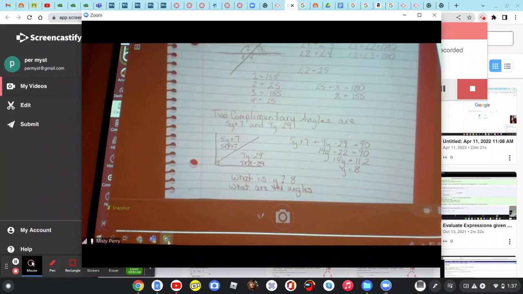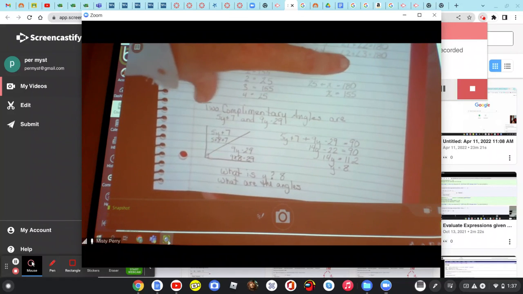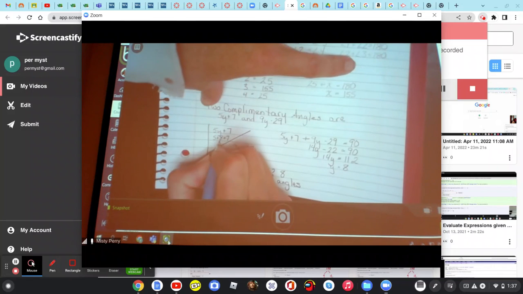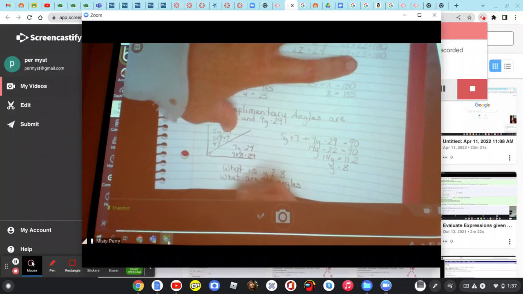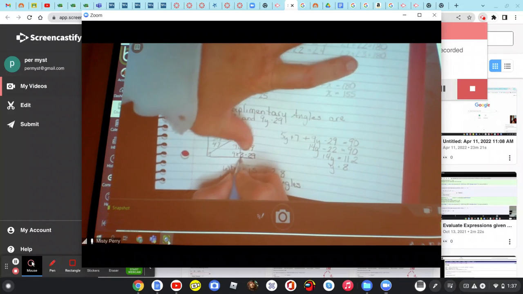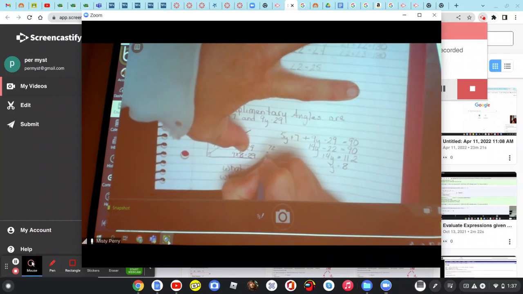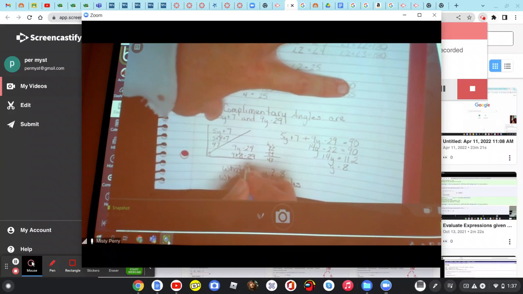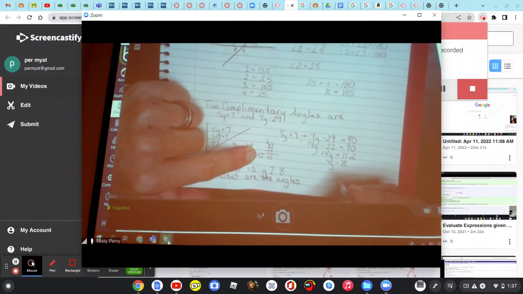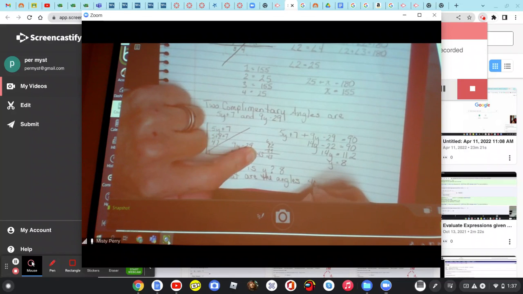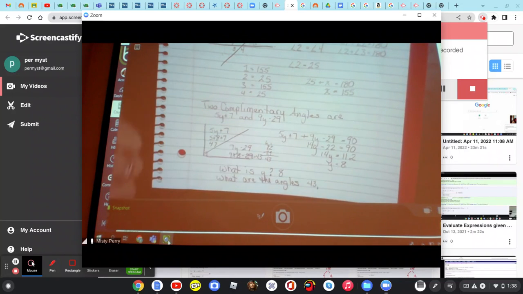And I left my handy dandy calculator somewhere. 5 times 8 is 40, so this one would be 47. 9 times 8, 72, minus 29, so this angle would be 43. Okay, and then I would list them in order. Again, like I did up there, I would have 43 and 47.